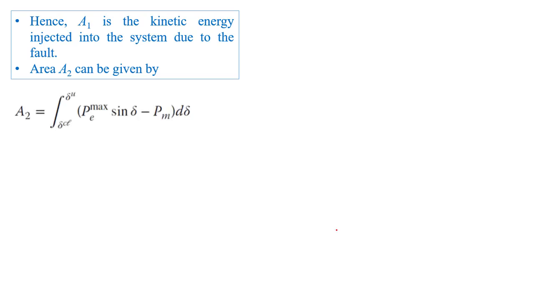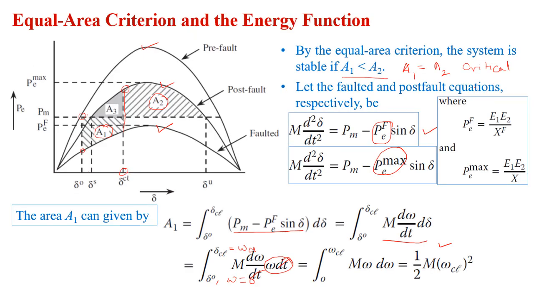Area A2 can be given by, we can see here, it can be from delta CL to delta U. Area A2 is covered between the post-fault curve and PM.